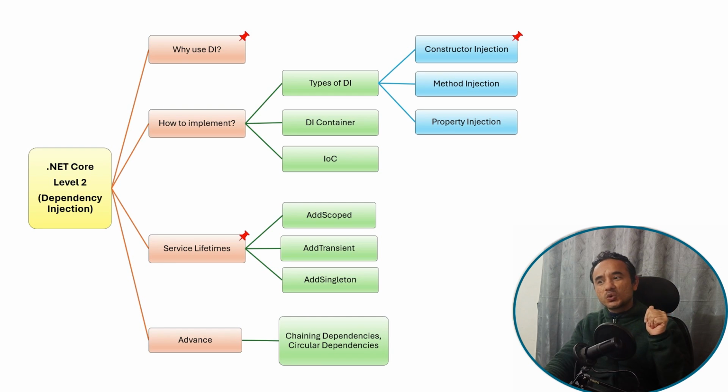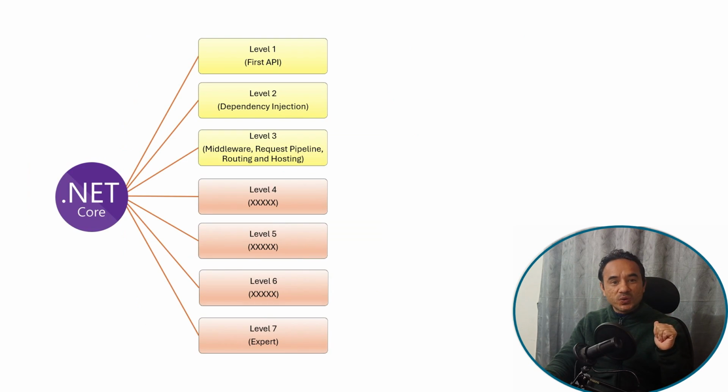Now let's go to level 3 of .NET Core. Before we move on, I always teach this. Remember, success or a higher package needs two things: knowledge and courage. I always recommend this, because I have seen colleagues who do not work hard and do not have the knowledge either, but because they have the courage to keep giving interviews, they got better salary hikes in other companies.